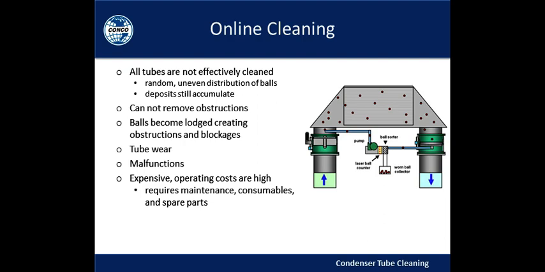So during the overhaul, you want to clean the tubes, return the unit to service in as-new condition, let the continuous online ball cleaning system keep the tubes clean, and then again address the tube cleanliness at the next overhaul. Simply put, the system will not remove large amounts of deposits.